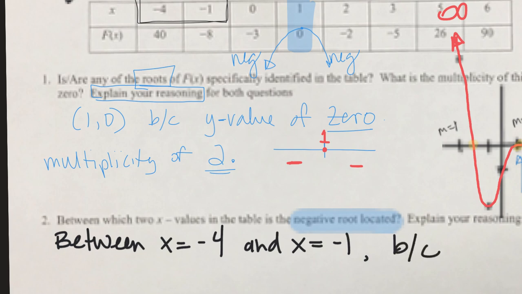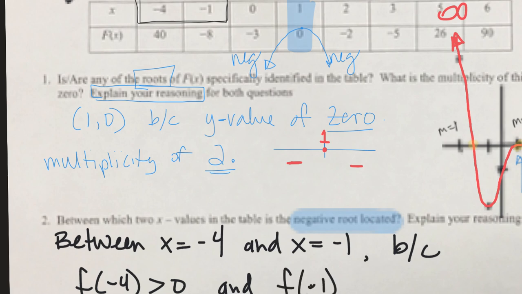Because what is the y value at -4? It's 40, so there's a positive y value. In fact, we don't even have to say that it's 40. We just have to say that it's positive. That's the important part. And what about the y value at -1? Yes, it's -8, but the important part is that it's negative. So less than 0 is how we represent a negative value, and greater than 0 is how we represent a positive.